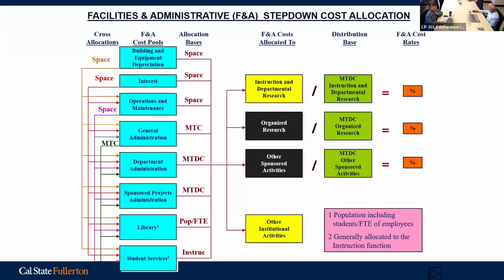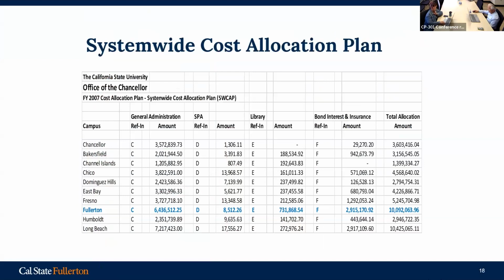So in terms of the system-wide cost allocation plan, I just want to use this chart, even though it's old, but it gives you what they charge. The category hasn't changed. The amount may have changed for the current fiscal year. Fullerton, let's say, receives, for the chancellor's office, general administration a big chunk, $6.4 million. And for the management of sponsored awards, $8 million, library, $700, and bond and interest, $2.9 million, for a total allocation of $10 million.